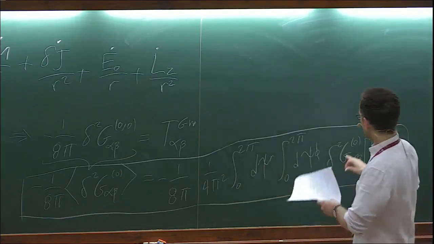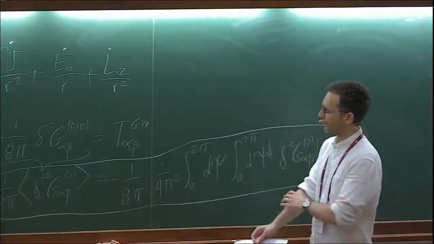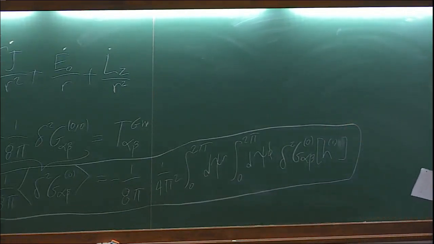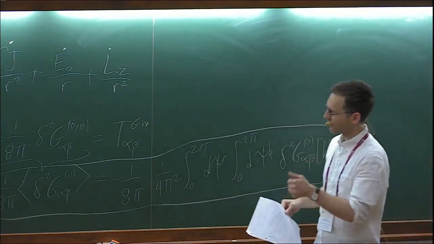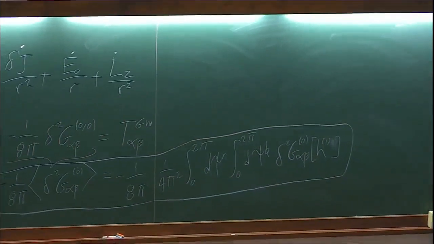And so now you can just evaluate this at infinity to get the fluxes of energy and angular momentum at infinity, or you can evaluate it at the horizon to get the fluxes of energy and angular momentum at the horizon. And that's enough information to do the adiabatic inspiral. We just needed these fluxes. So you go through the procedure I outlined yesterday, start with an E0 and an LZ.